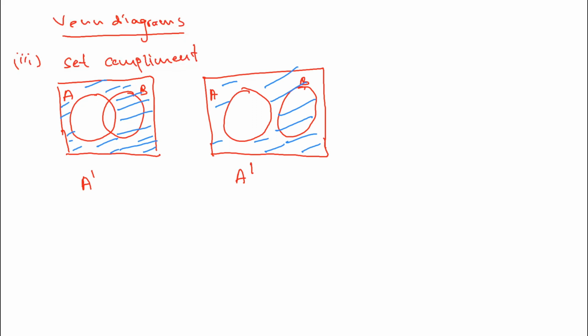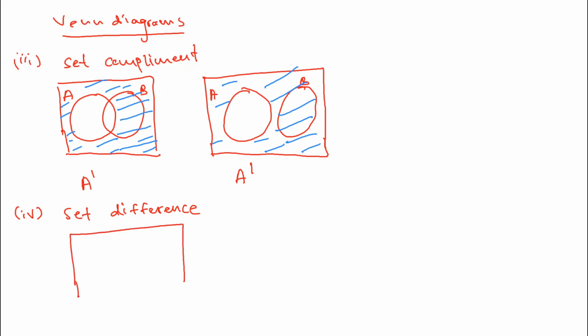Then the next part is set difference. This is the event which represents the difference of two events or the occurrence of only one event.